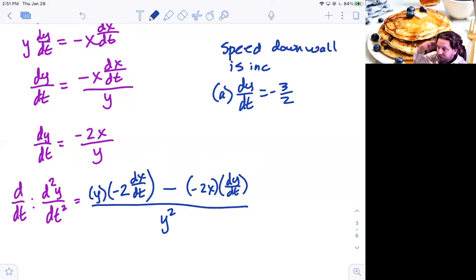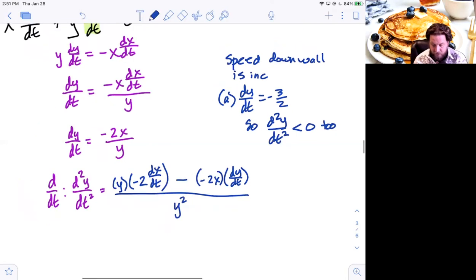Speed is only increasing when velocity and acceleration are the what? Same sign, when they're both working together. So if the velocity is negative, the acceleration has to end up being negative as well, right? So d squared y over dt squared should be less than 0 too. Just something to think about, just reviewing another topic. I could easily just plug in and found out that it was negative.